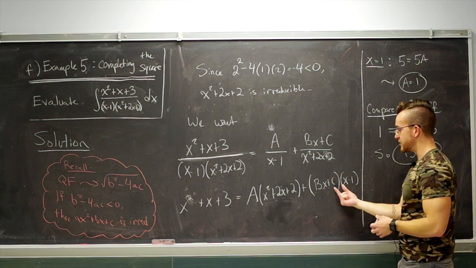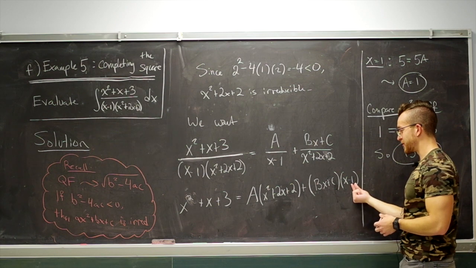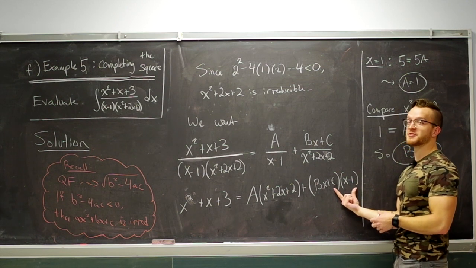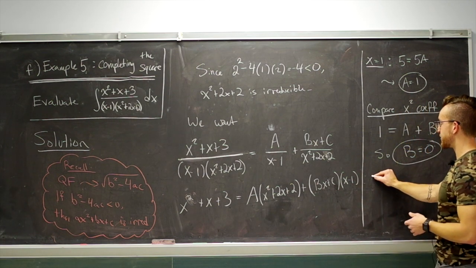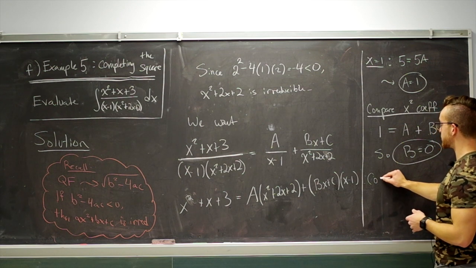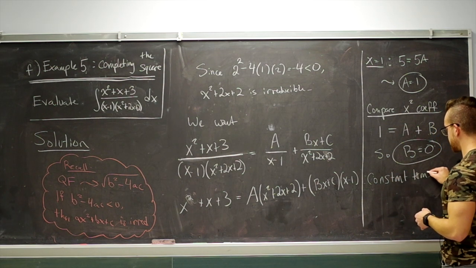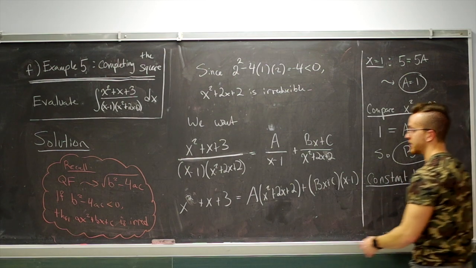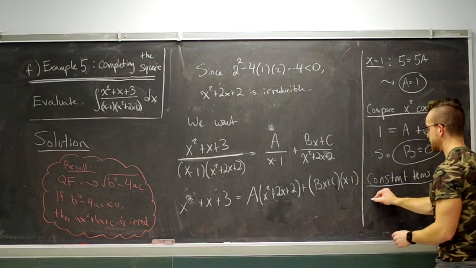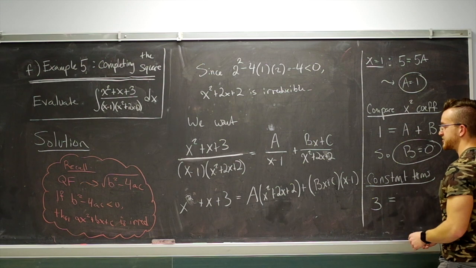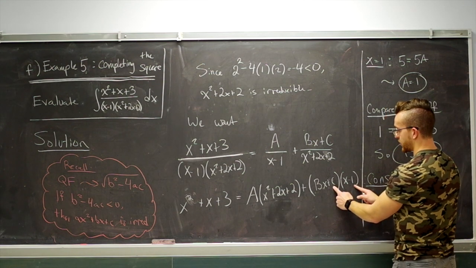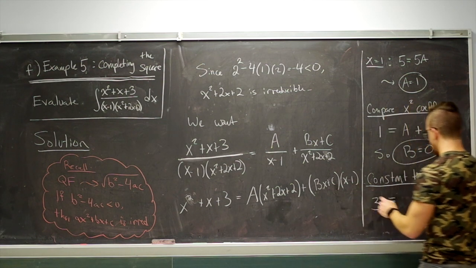I can see that I'll get a negative c as part of the constant term here, so like in the previous examples, I'll check the constant terms. The constant term on the left is 3. The constant term on the right will get a negative c here.